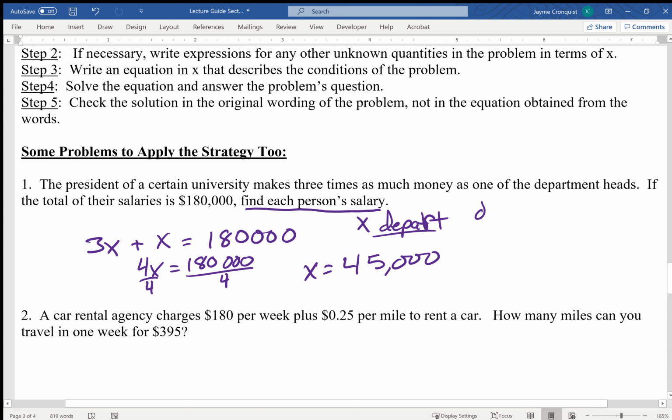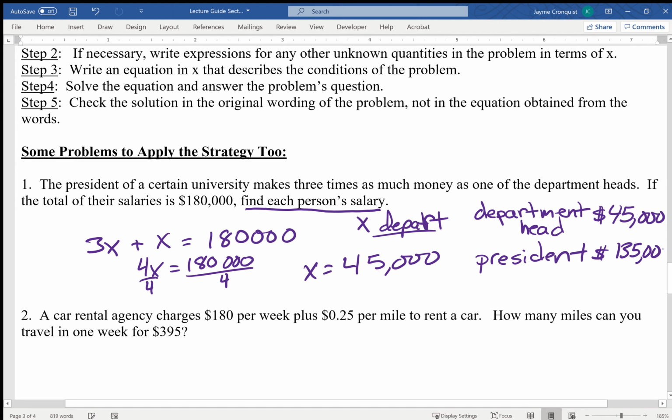Okay, so we have the department head makes that 45,000. And the president is going to make 3 times that. So that's 135,000. All right.